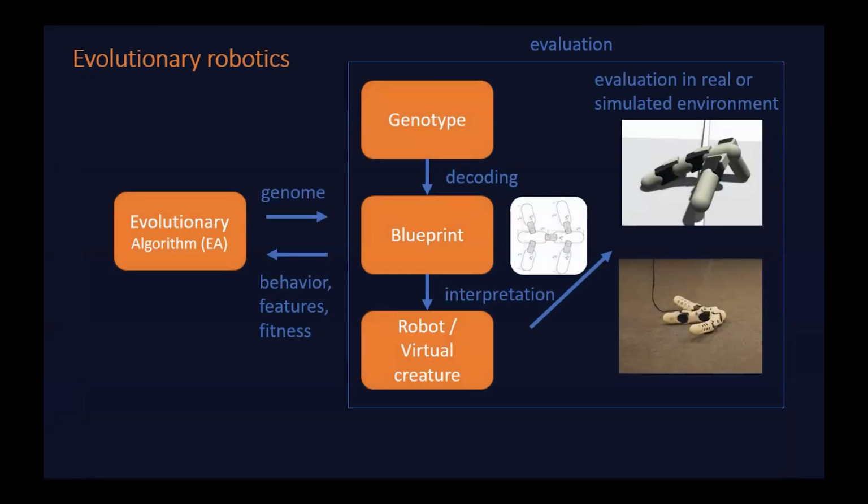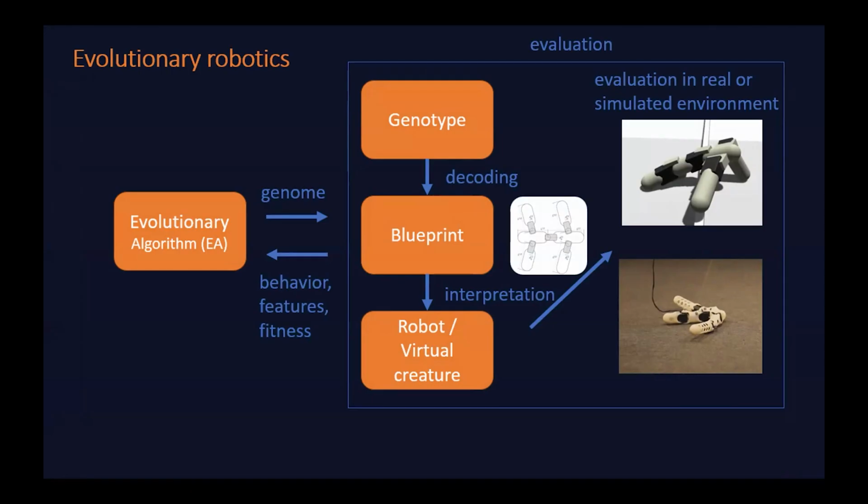So this sums up this whole evolutionary robotics process, where you can see an evolutionary algorithm feeds some kind of genome or solution descriptions into a decoding process, where you go from the genotype decoded to a robot blueprint that can then either be instantiated as a virtual robot or as a real robot and tested.